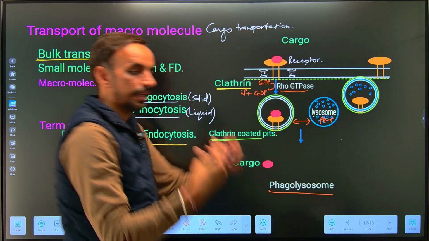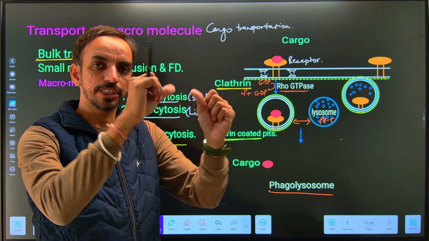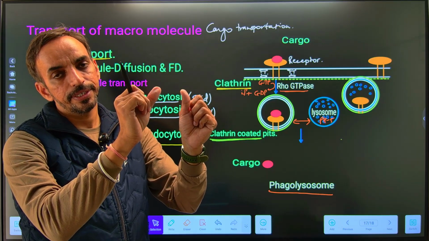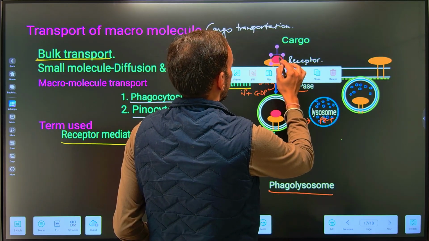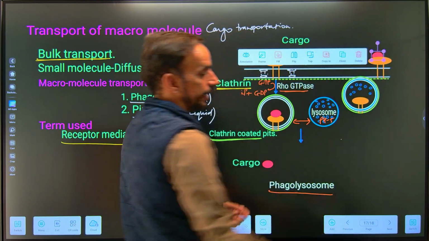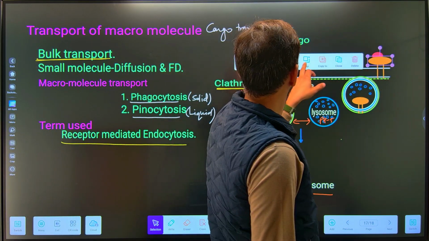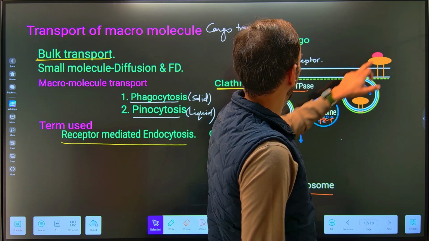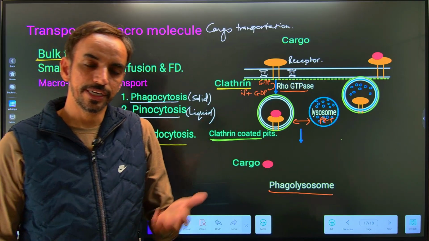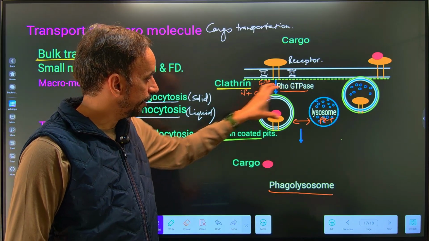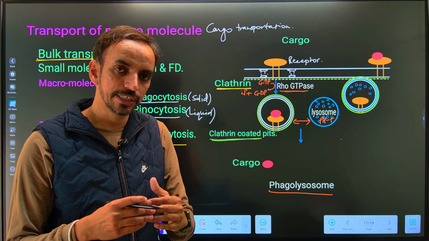and now we are having the receptor again toward the outer face of the cell. It will go back, attach and fuse, and present the receptors toward the outside. Again, whenever there is a binding of this cargo molecule, there is a conformational change in the clathrin protein that leads to the formation of a clathrin coated pit, fusion with the lysosome, phagolysosome, a conformational change in the receptor.